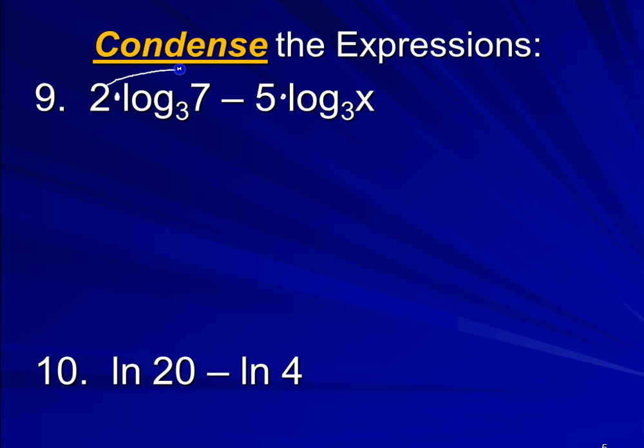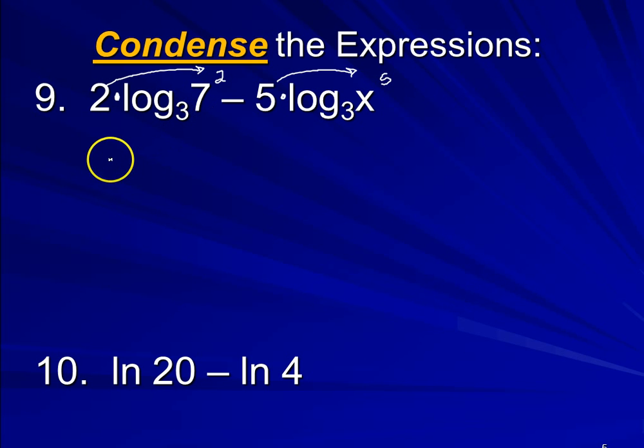This 2 belongs with this 7, and this 5 belongs with this x. They don't belong with anything else. So I have to do that first to define where those powers belong, otherwise they're not going to be on the correct base.